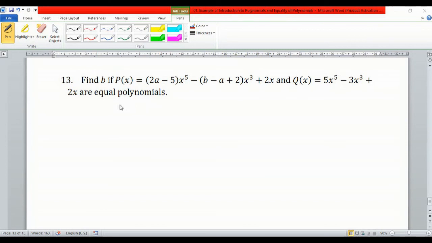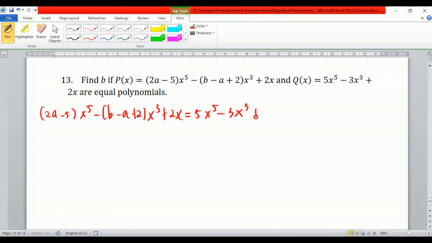So you can answer this question with the equal sign between P(x) and K(x). So I will write it like this: (2a minus 5)x to the power 5 minus (b minus a plus 2)x to the power 3 plus 2x should be equal to 5x to the power 5 minus 3x to the power 3 plus 2x.